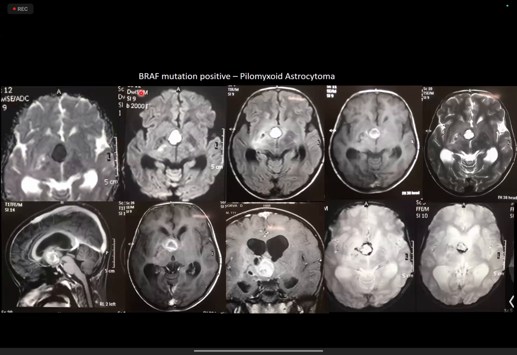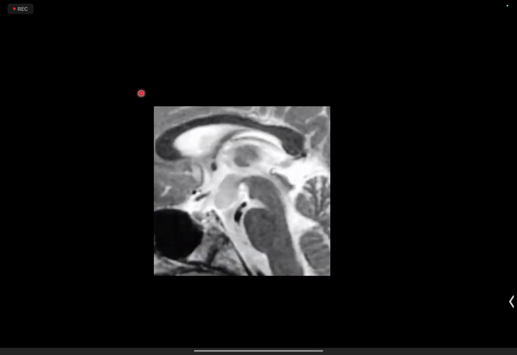Okay, I won't even give the history for this case. Somebody just describe the findings and make the diagnosis, please.